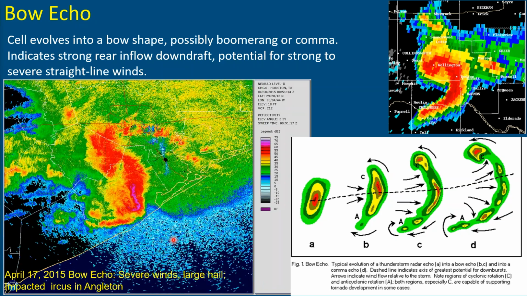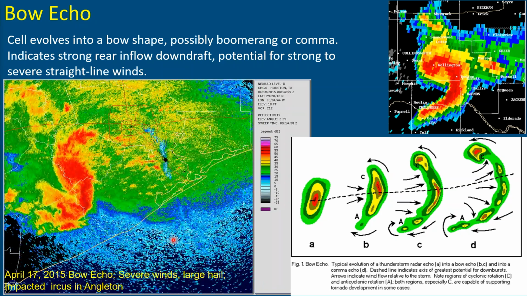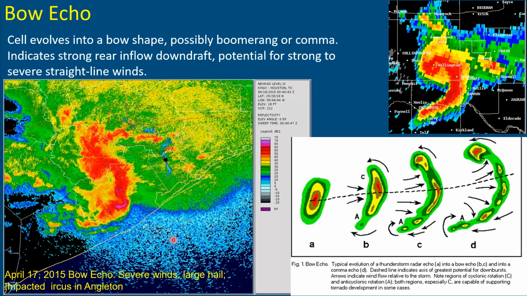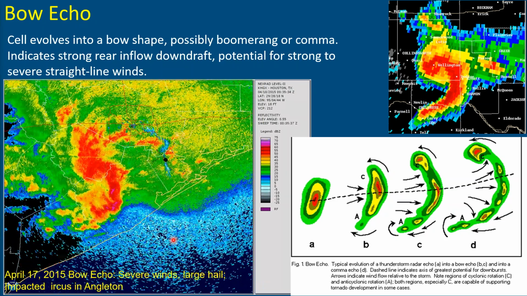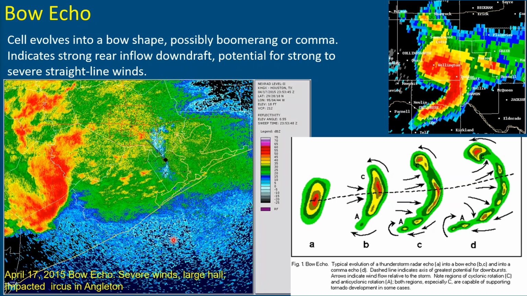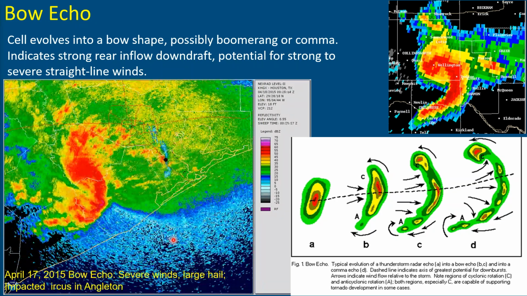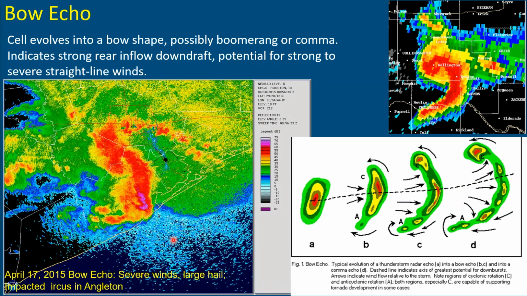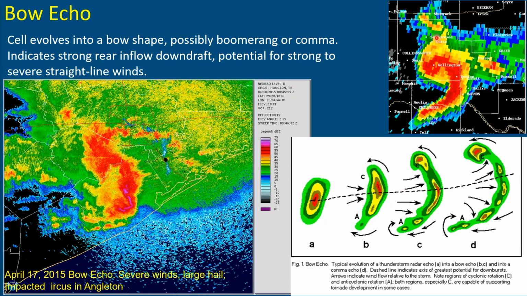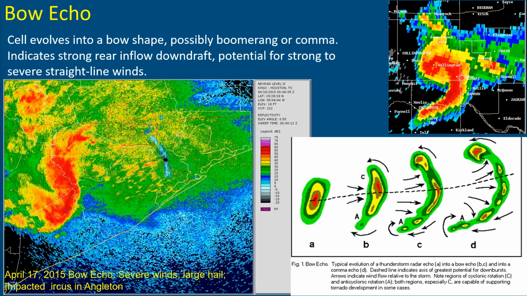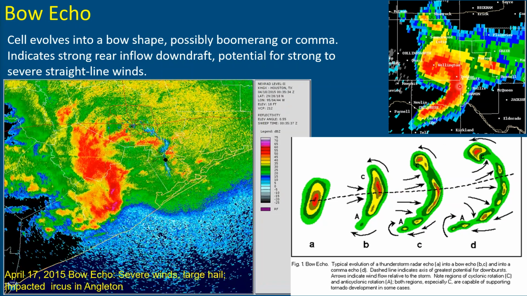Bow echoes, transitioning to more of a straight line wind type signature here. This is an example of a bow echo that moved through Brazoria County, actually impacted the circus, I believe, in Angleton on this night. In the upper right, you see this classic comma shape to a bow echo.